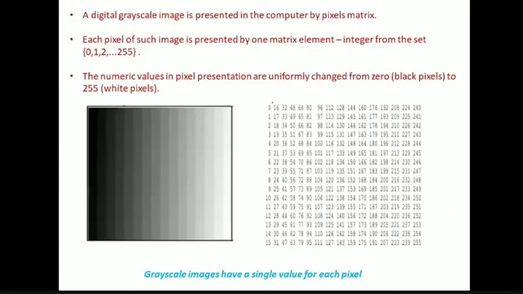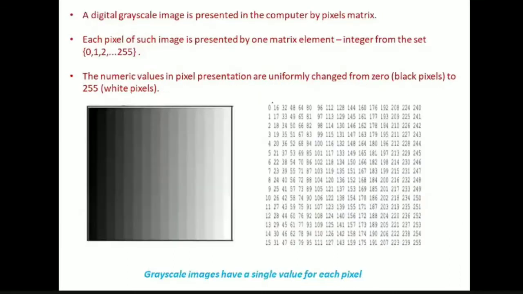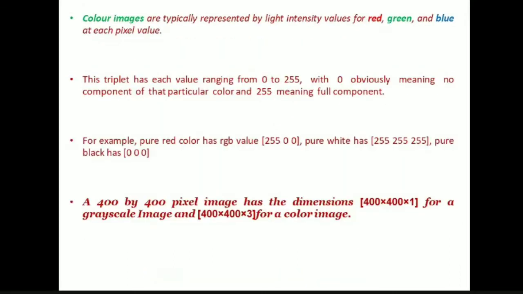But for the grayscale image, each pixel has only one value. These three values are called triplets, and the triplet values also range from 0 to 255. 0 means that particular color component is not present. 255 means that particular color component is fully present.